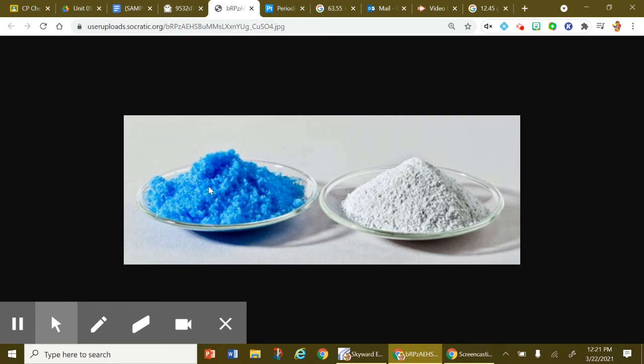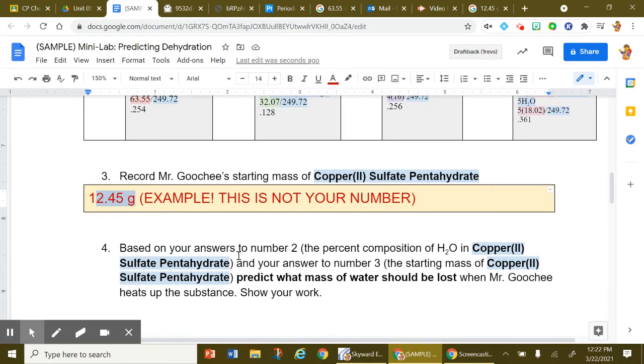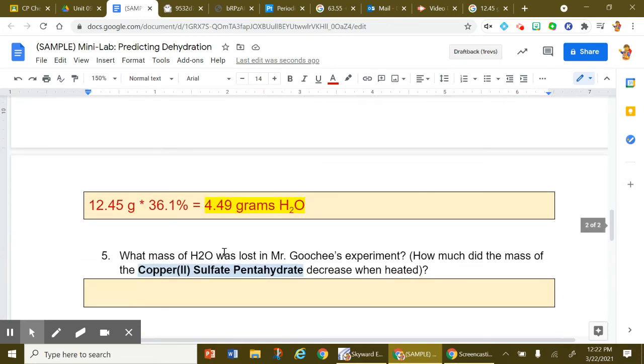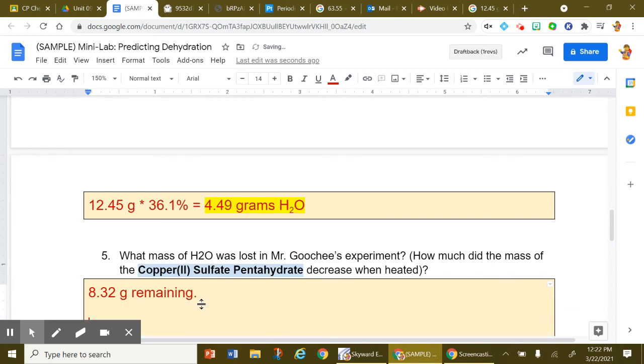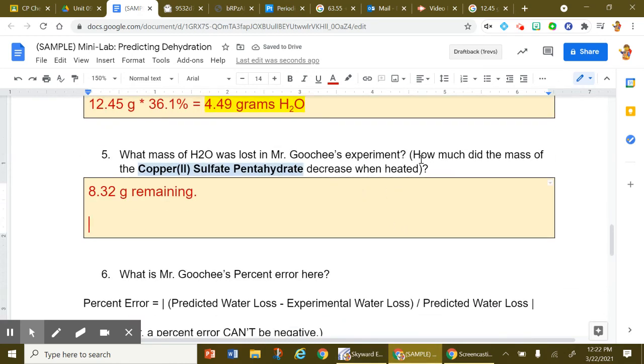So this is CuSO4 5H2O. This is just CuSO4. All the H2Os are gone. And so we'd measure this, and let's say we find that it has a mass of 8.31 grams. All right, 8.31 grams remaining. So how much did the mass of this substance go down? Well, we started with 12.45 grams. We ended with 8.32 grams.